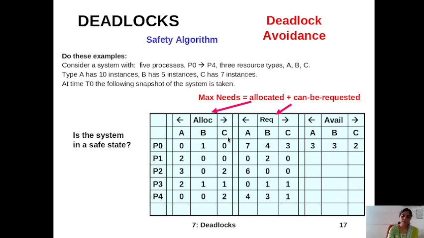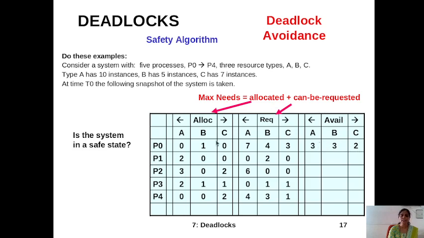Now we need to find whether there is a safe sequence which can satisfy these requests. Every time we check the maximum need, which we do by allocated and can be requested, and available is only 3 3 2.